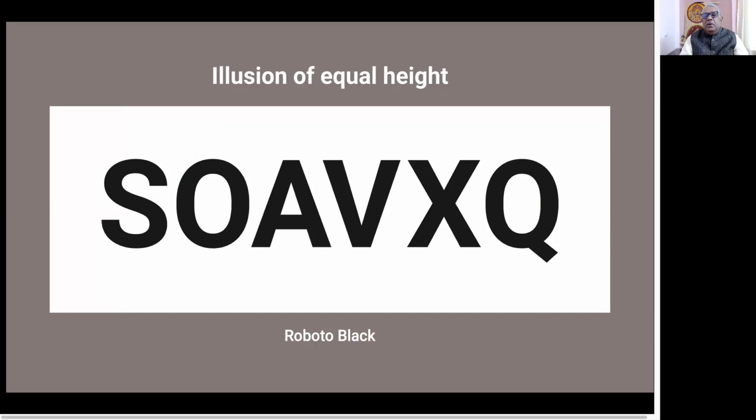Then we create an illusion of equal height. All the characters in any font appear to be of the same height, but in mathematical terms, they are never of the same height. In many places, you will see a concept called overshoot, where curves protrude above the cap height, and at the bottom go below the baseline.